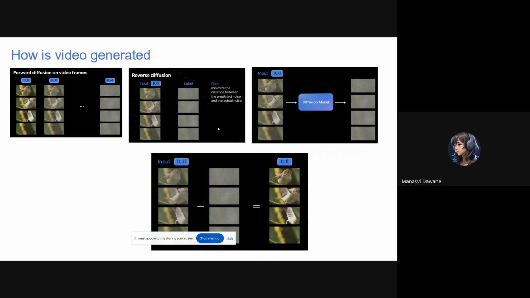The goal is to minimize the distance between the predicted noise and the actual noise. So this batch of images goes into the model, and the corresponding noise to be removed comes out.